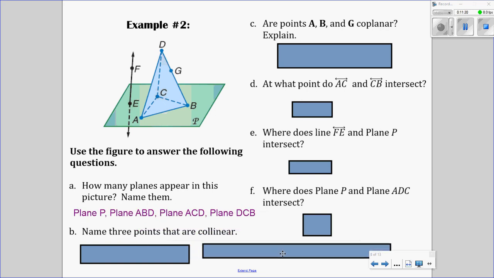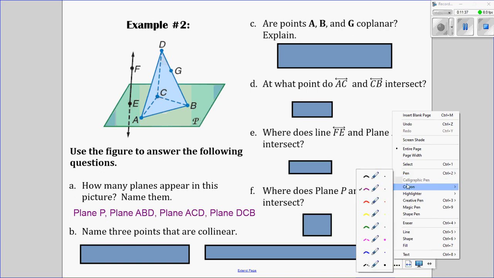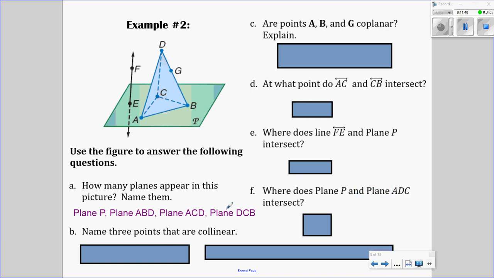Hopefully I've labeled all. We got plane P, plane ABD, plane ACD, this side over here, plane DCB, and I should also add plane ABC.